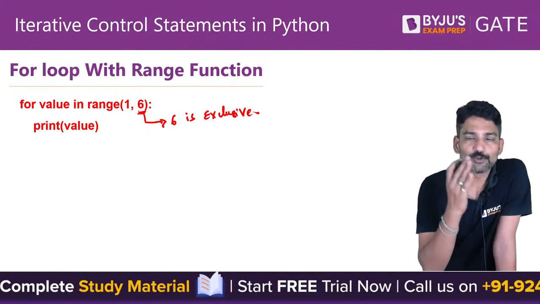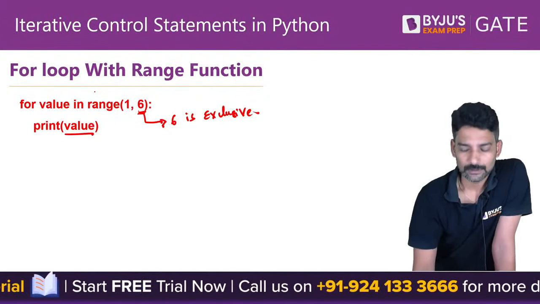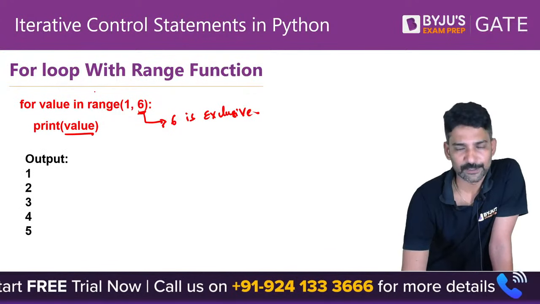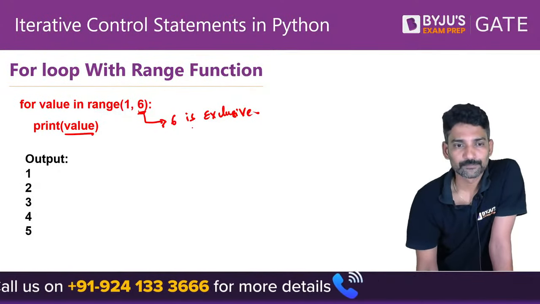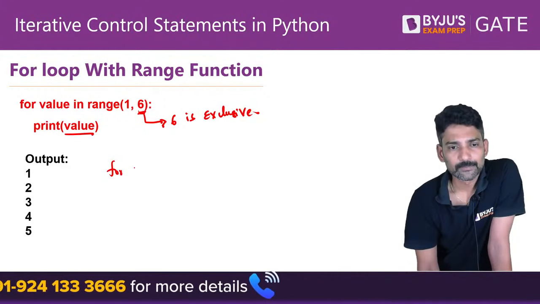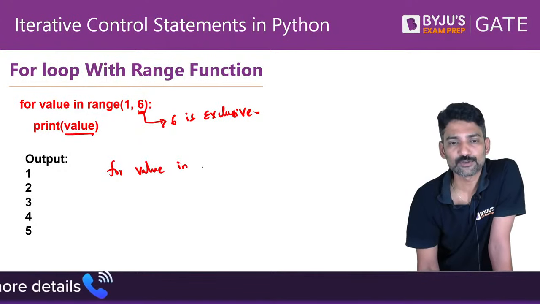So from 1 to 5 only it gets printed. Whenever you print value, 1, 2, 3, 4, 5 gets printed. And here you can use the step count, meaning every time by what amount the increment should take place.